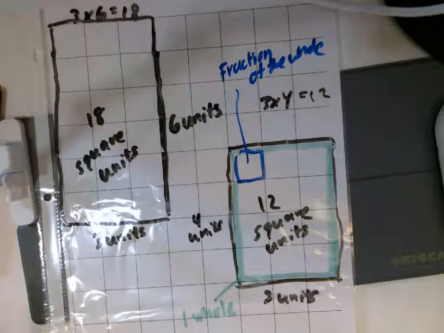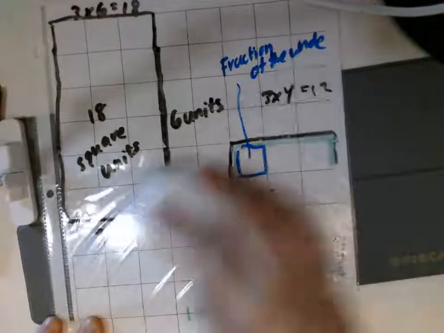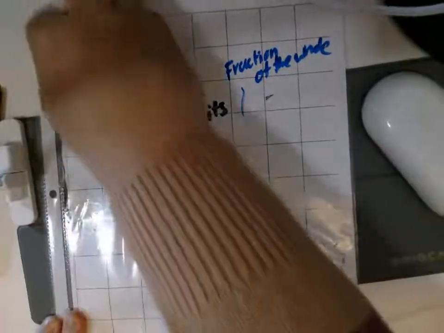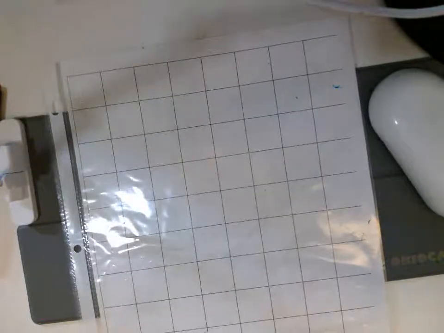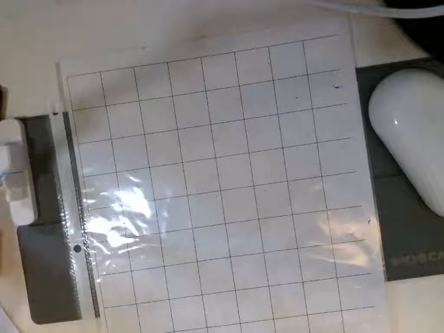Okay, but we also want to talk about how we can multiply fractions. Okay, and we're going to use some of these grids to help us do that. Okay, so let's start with a fraction multiplication problem.